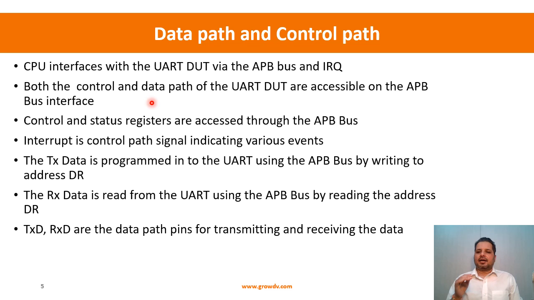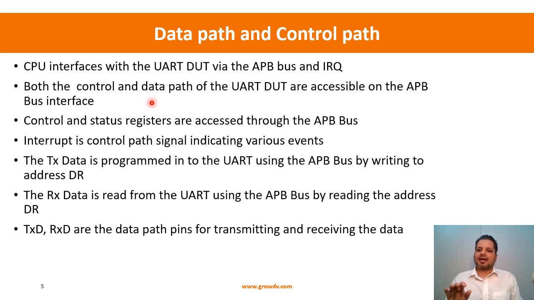For example, the LSR, which is the line status register, which tells how things are being transmitted or received, is accessible on the APB bus. The line control register, which allows you to configure how the UART should format the data word that you are programming and should transmit on TXD or receive on RXD, is again all programmable through your APB bus, right? So those are the control.